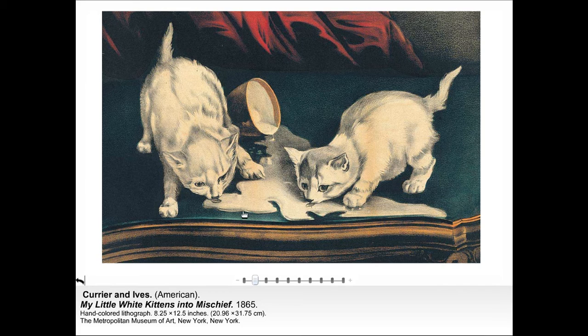Also, this table looks like a hard surface. The table looks smooth. Also, this milk looks wet and shiny, but that looks smooth. The cup looks smooth. Even the edges of the table look smooth, but the kitty cats look soft and smushy and furry. My little white kittens into mischief. Mischief means being naughty.